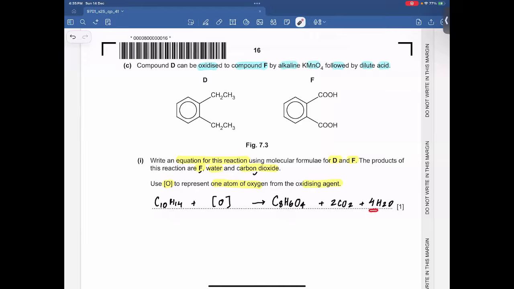So 4 times 2 कितना हो जाएगा? 8. 8 plus 6, 14. So carbon balanced, hydrogen balanced. Let's talk about oxygen. यहाँ पर 4 है, यहाँ पर भी 4 है, तो 4 plus 4, 8. 8 plus 4, 12. So 12 oxygen atoms place करेंगे. I hope it makes sense to you. That's an easy question.